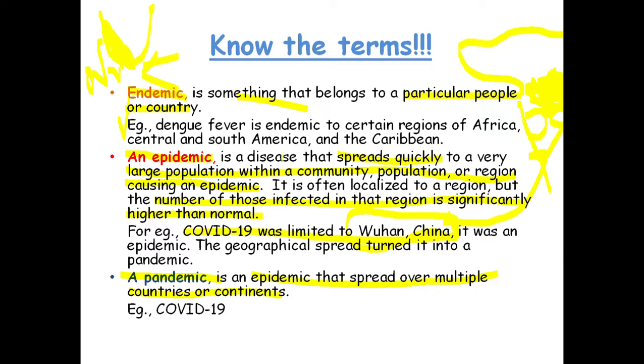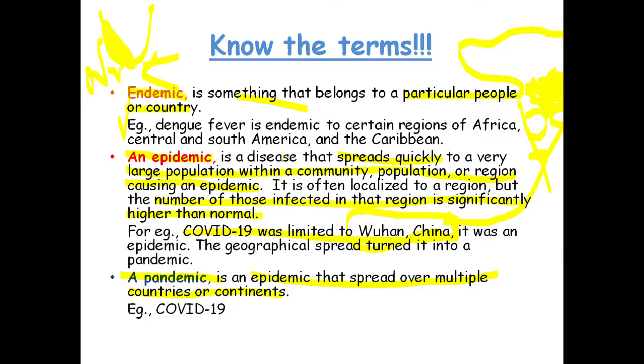An example is COVID-19, which was limited to Wuhan in China, but gradually spread to other geographical areas, converting it into a pandemic. In India, the Nipah virus was an epidemic in Kerala. A pandemic is spread over multiple countries or continents.